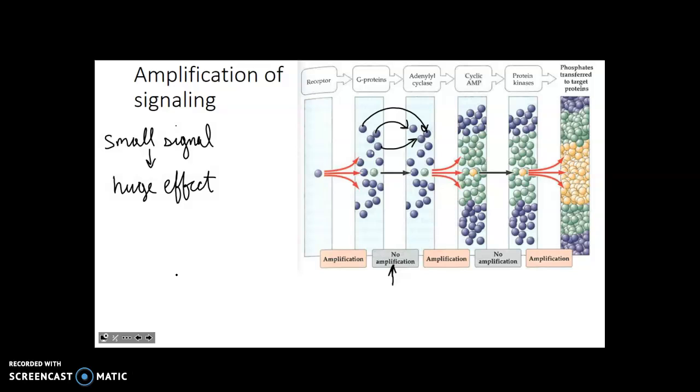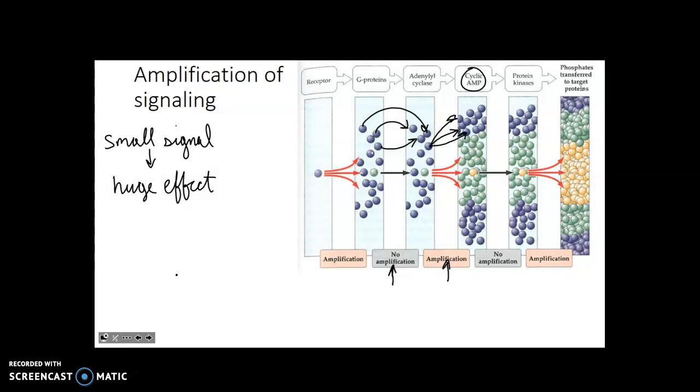However, this enzyme, adenylyl cyclase, can convert many, many more molecules in a step where we amplify many, many more molecules of ATP, right? It can convert ATP to this product, cyclic AMP. I shouldn't say substrate, I should say product. ATP is the substrate. And so one molecule might activate this one, and it might activate that one, and so on.